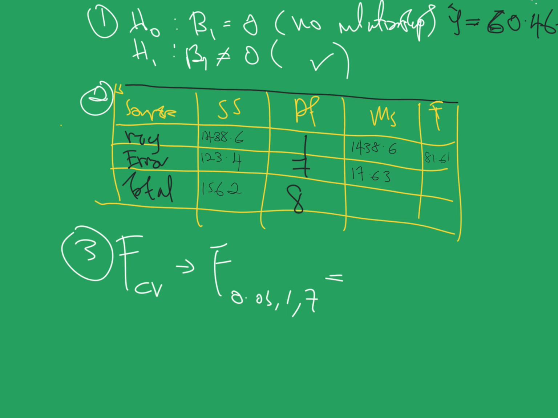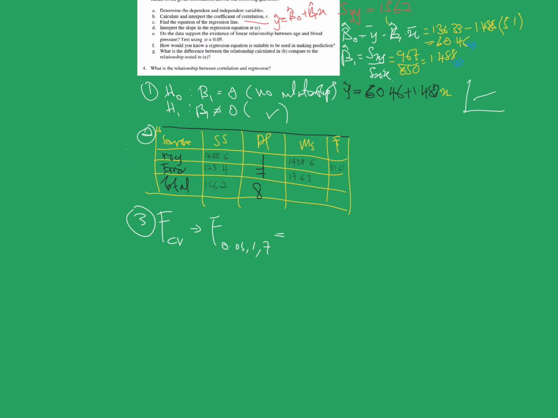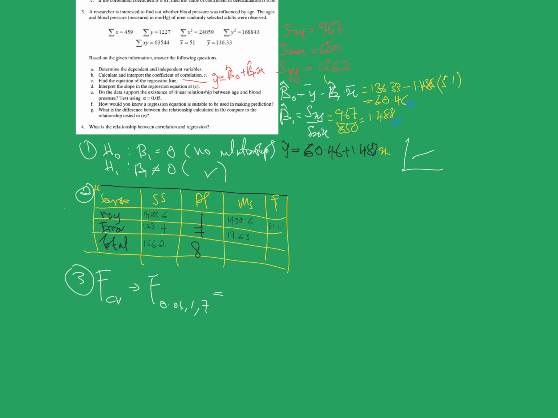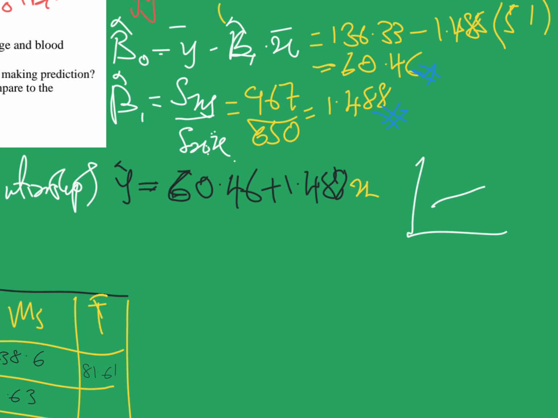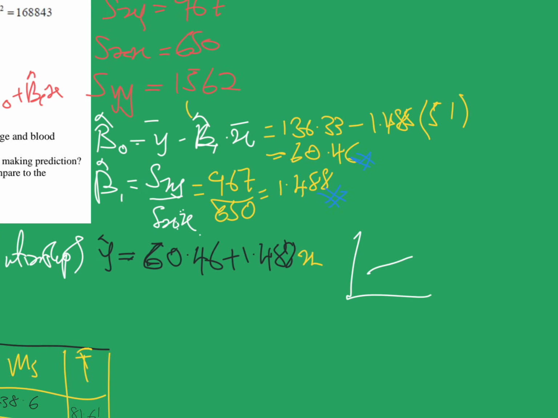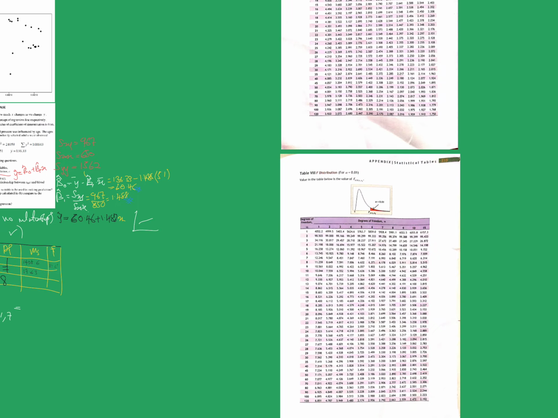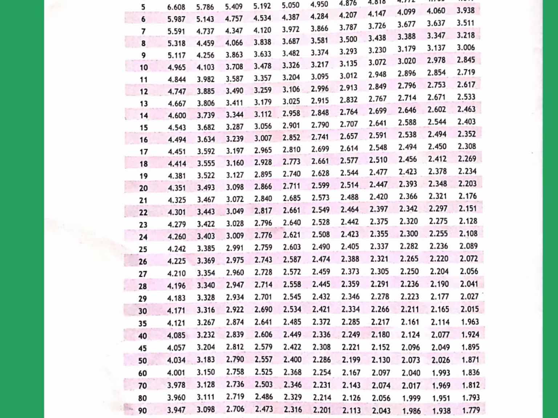So next we are going to refer to the F table. Because now we are using 0.05, we look at the table of 0.05.